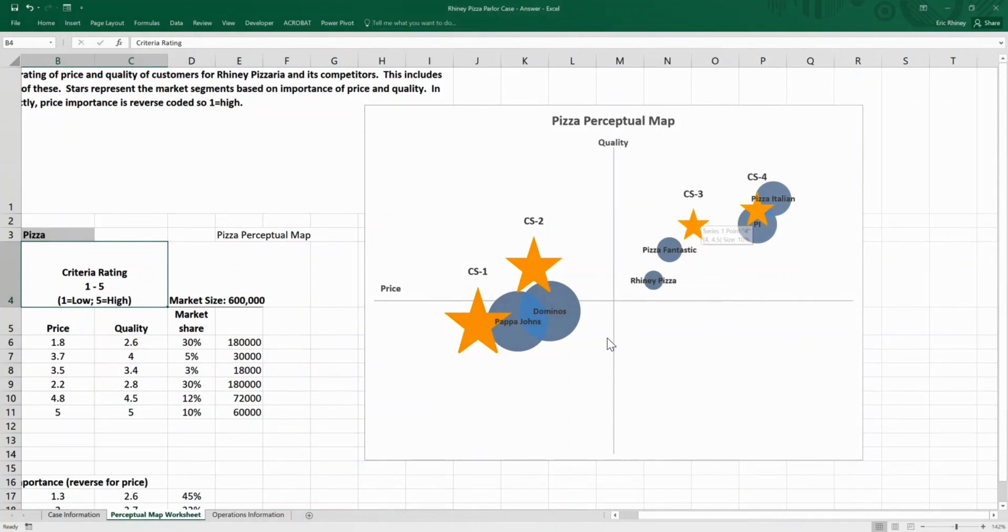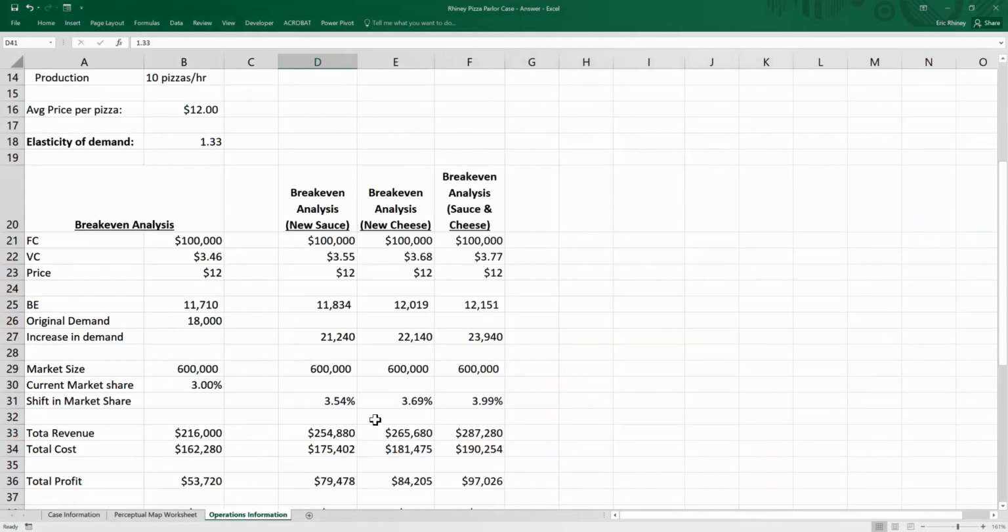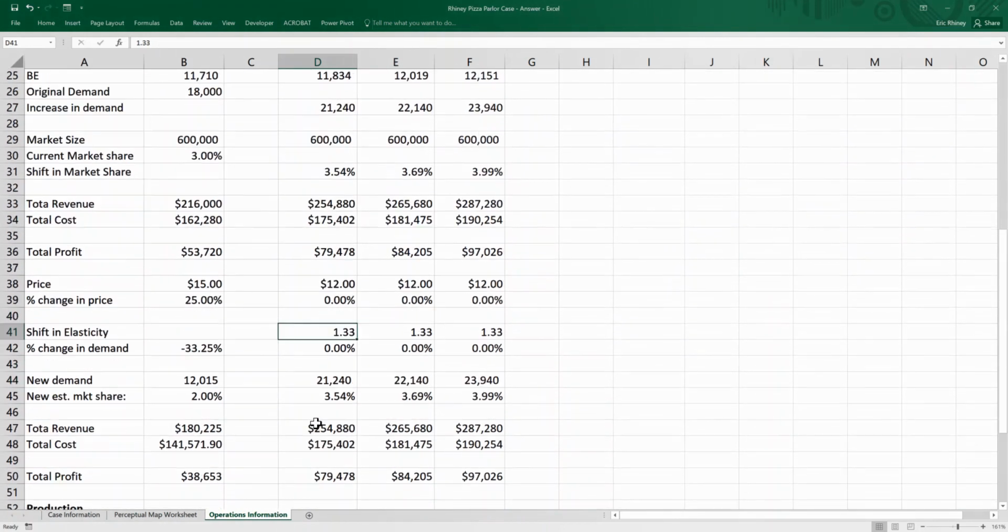And we might satisfy this segment a little bit more, and they're less price sensitive. So that 1.33 is kind of an average for the entire market, but each one of these market segments has its own elasticity of demand. We just don't have that information at hand, but we can anticipate that we would likely be able to change our elasticity of demand here.